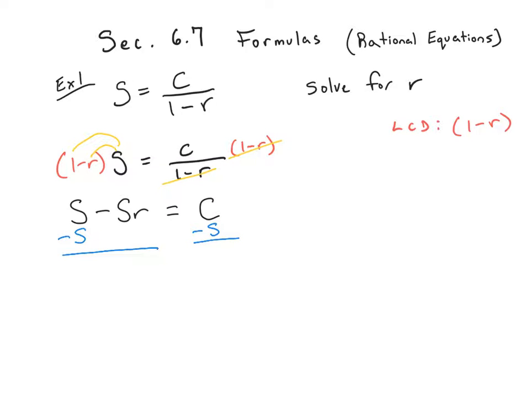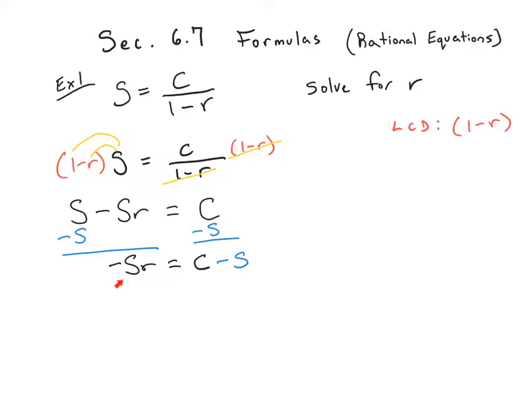I'm left with negative SR equals C minus S. Notice these two are not like terms, so I cannot combine them. I leave them just as is. I'm still trying to get this R by itself.